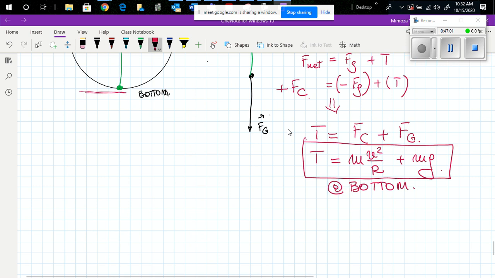As the object is going up, you feel the tension in your hand is less and less until it reaches the top, and when the object is moving down in the circle, you will feel the tension increasing and being the highest at the bottom.